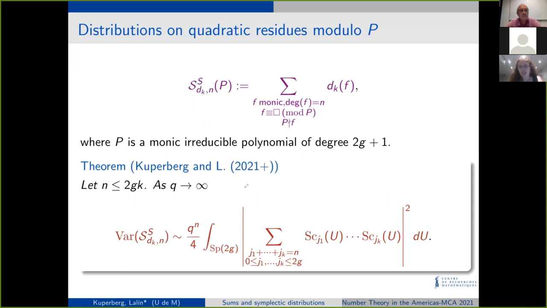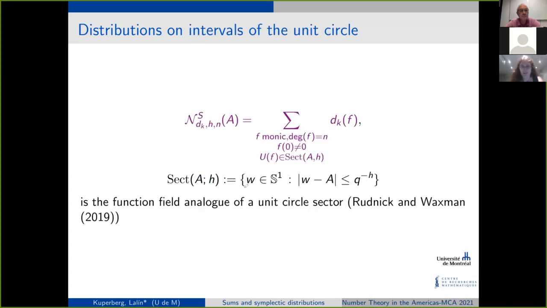And we also have a version of short intervals. The version of short intervals in this context has to do with taking the f, as opposed to being in a short interval, in a short interval in a sector of a unit circle.